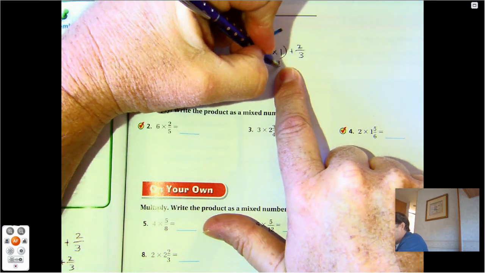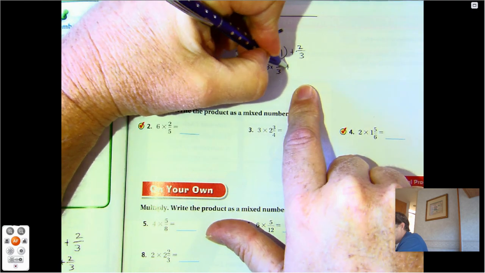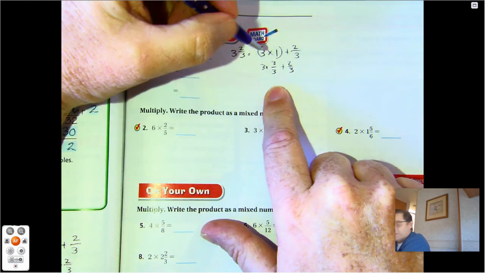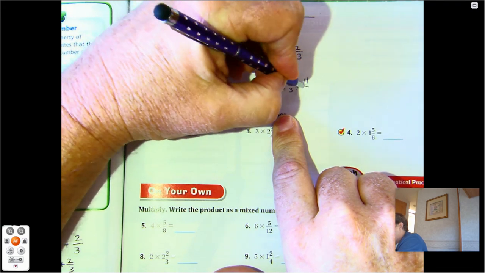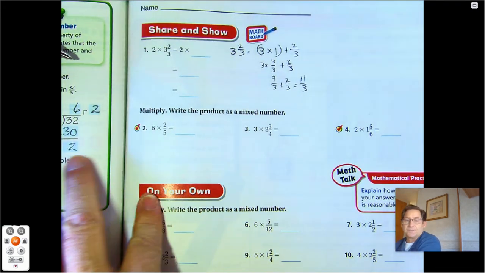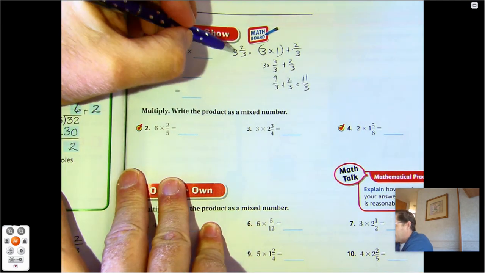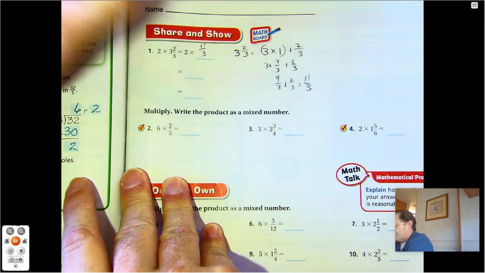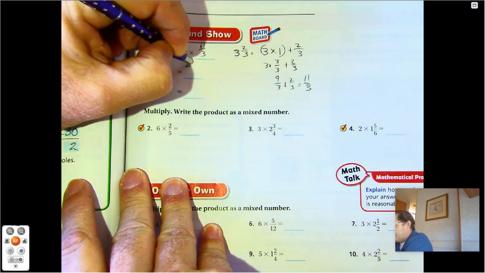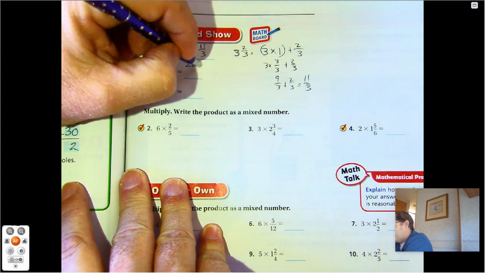I'm going to rename it as 3/3. 3 times 3/3 is 9/3 plus 2/3, so 11/3. So 3 and 2/3 is 11/3. 2 times 11 is 22/3.